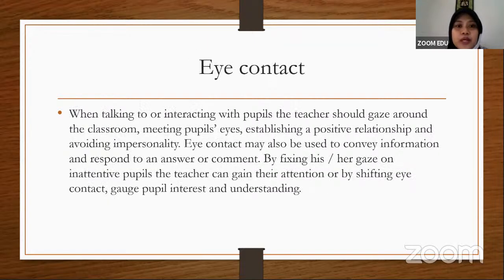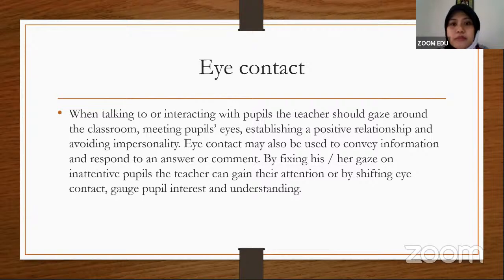Okay, and then the next one, eye contact. Yeah, eye contact is quite important for you to know. That's why I usually oblige you to be on camera when we do the teaching and learning process. So when talking to or interacting with pupils, the teacher should gaze around the classroom, meeting people's eyes, establishing a positive relationship, and avoiding impersonality.